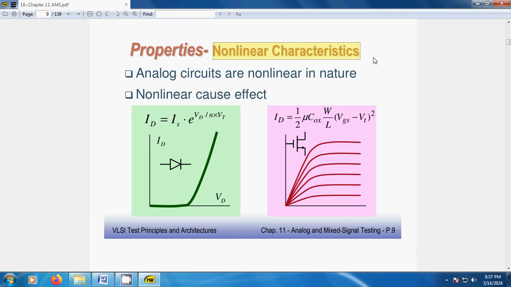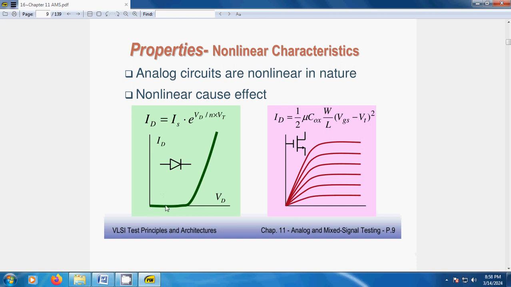Here it does not go linearly. The diode does not conduct until it reaches a threshold voltage, and after this threshold voltage it goes linearly. So if you take this whole period of operation, it is non-linear.